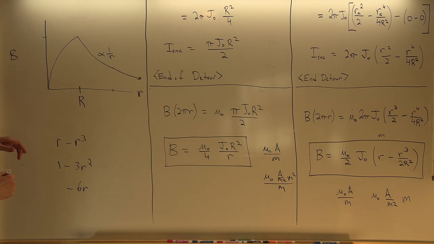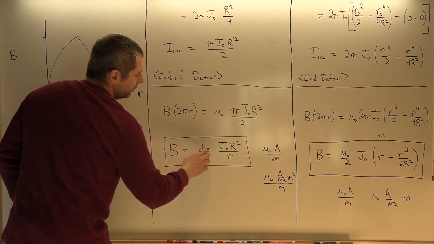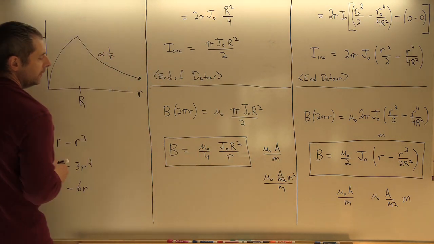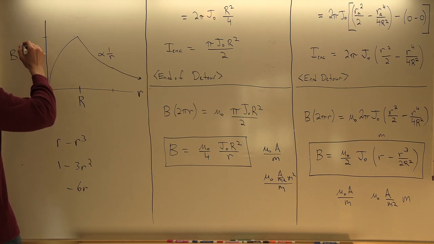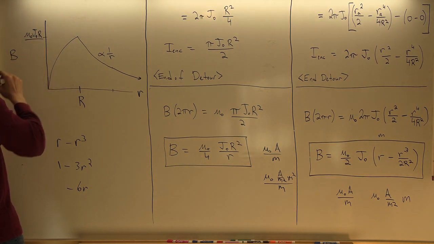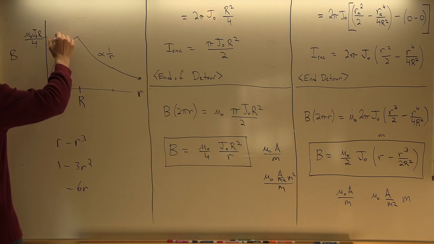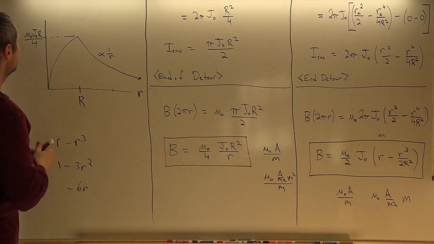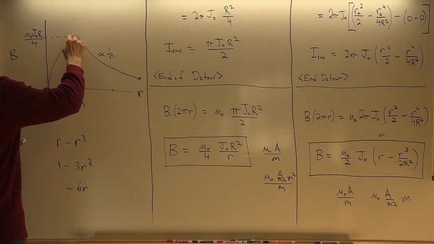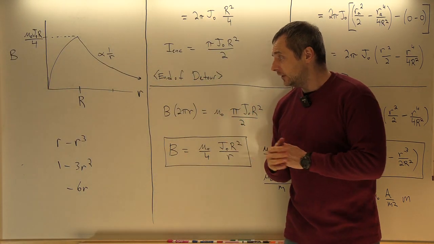And then the peak value, well, I could plug in capital R into either of these formulas. This one would be obviously easier. So that turns out to be mu 0 J0 R over 4 is the peak value right there, okay? All right, so let me create a pause to give you a chance to copy the graph down.